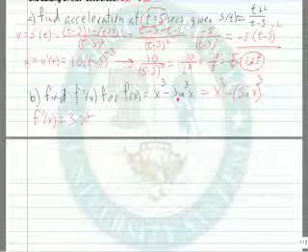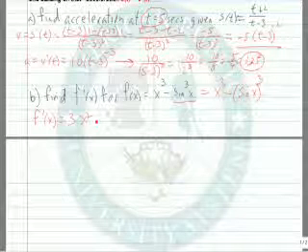Notice that's what this expression means. So we're going to again use the power rule: 3 times the sine of x squared, times the derivative of what's inside, which is the cosine of x, which is called the chain rule.